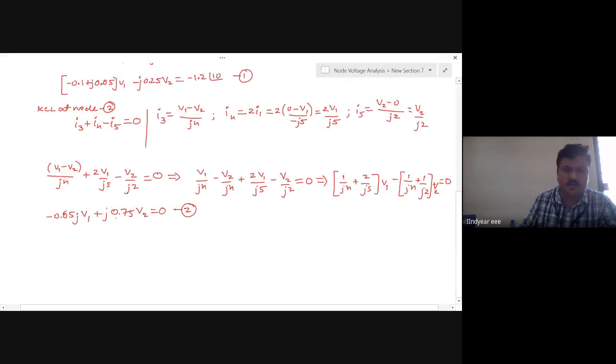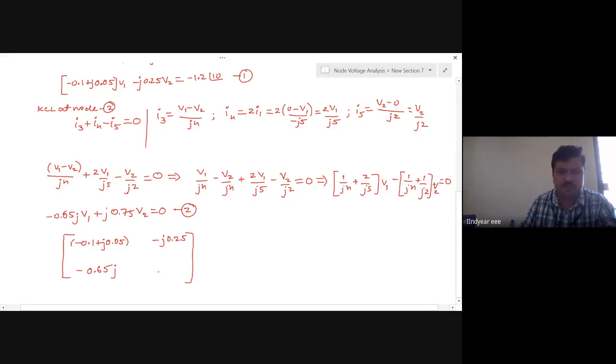So I will rewrite equations 1 and 2 in matrix form: minus 0.1 plus j0.05, minus j0.25, minus 0.65j, plus j0.75, into the unknown matrix V1, V2, equal to the solution matrix: minus 1.2 at an angle 10 and 0.